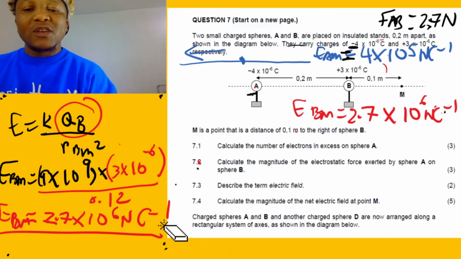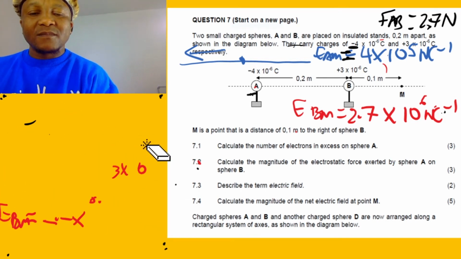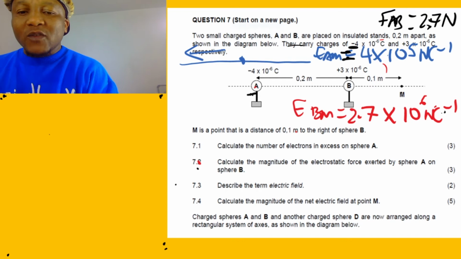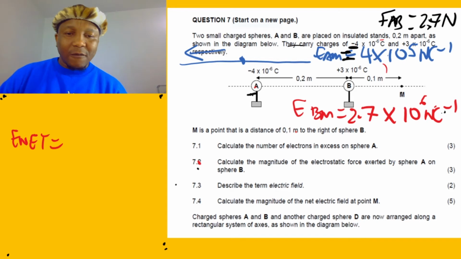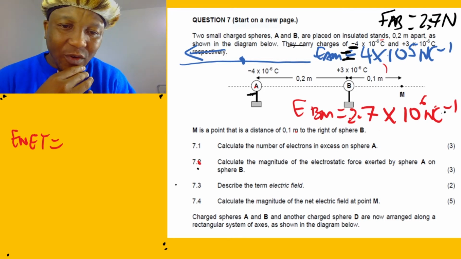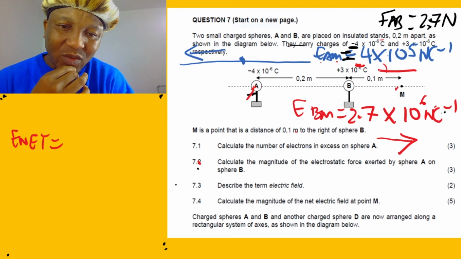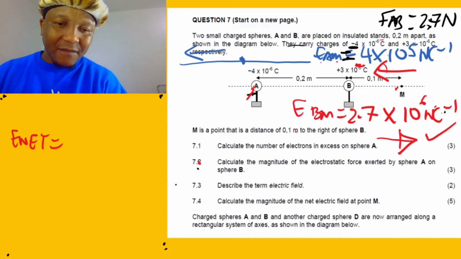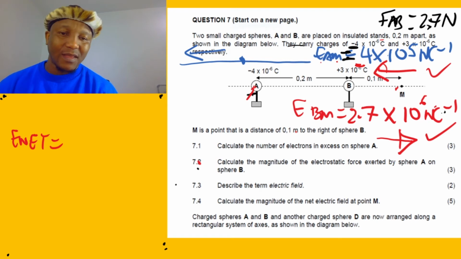Now, let's get the net electric field. If you look carefully, this one is to the right because positive means to the right, but the one for AM, from A to M, goes negative, which means it's to the left. You see what I'm saying? This is to the right and this is to the left. So you add them together.